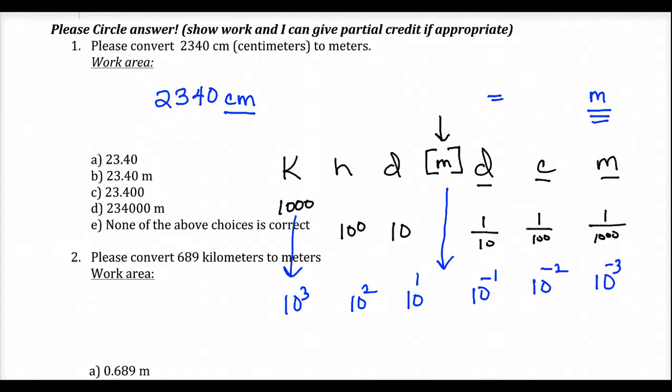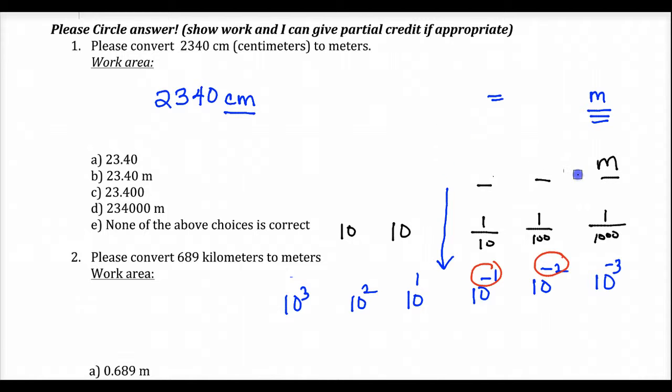Well, you don't have to do all of that because we're going to go from centimeter and move to meter. So it's 2 leaps, and every leap, if you notice, is a factor of 10 in this decimal scale, which is something called the metric system, which is based on a base 10 system.